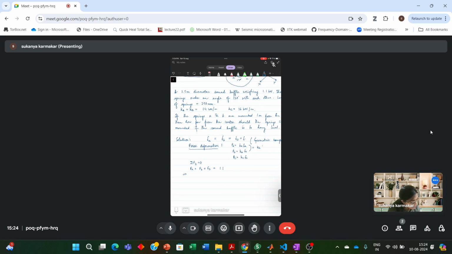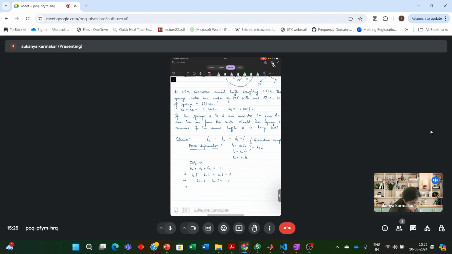So Fa and Fb both are equal to Ka into delta, and Fc is Kc into delta. So from here you can substitute: 2 Ka delta plus Kc delta is equal to 1.1.